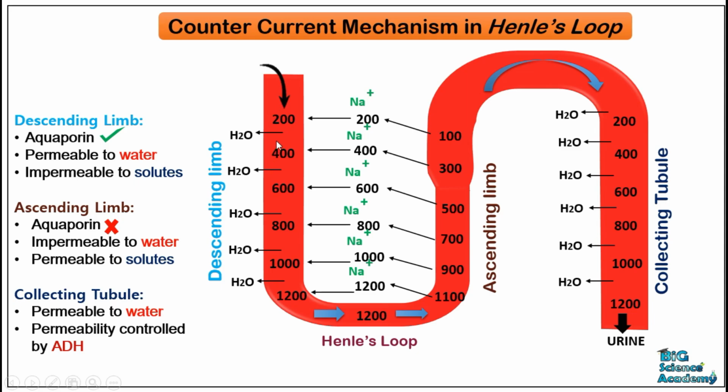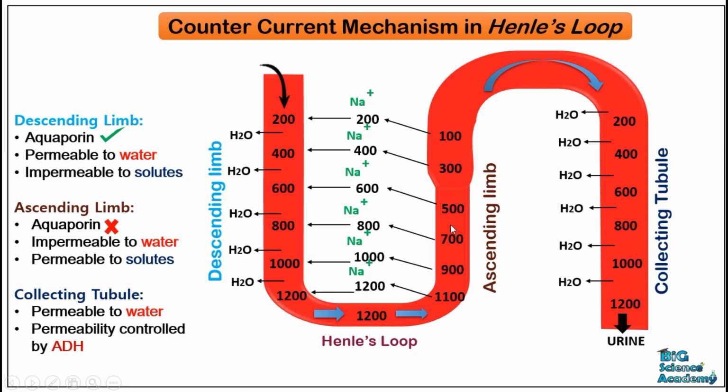So water diffuses from the descending limb into the interstitial fluid, and it helps to make the filtrate more concentrated. And at the bottom of the loop of Henle, we can see that the concentration is about 1200 osmoles per liter.